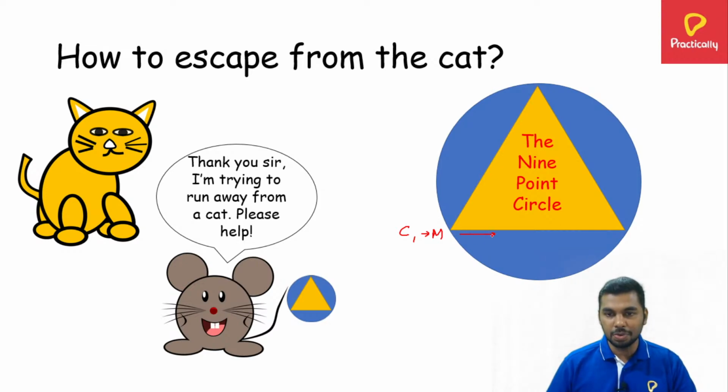So the mouse has some speed, and by the time the cat approaches, the mouse is at this point. Now at this point, if he changes the direction, the cat will find it a little bit more difficult to change the direction and chase the mouse. Why? Because the cat is a larger animal, it has a larger weight, so it cannot move very fast from one direction to another. So we'll see one of the applications on why Dr. Elephant said so.